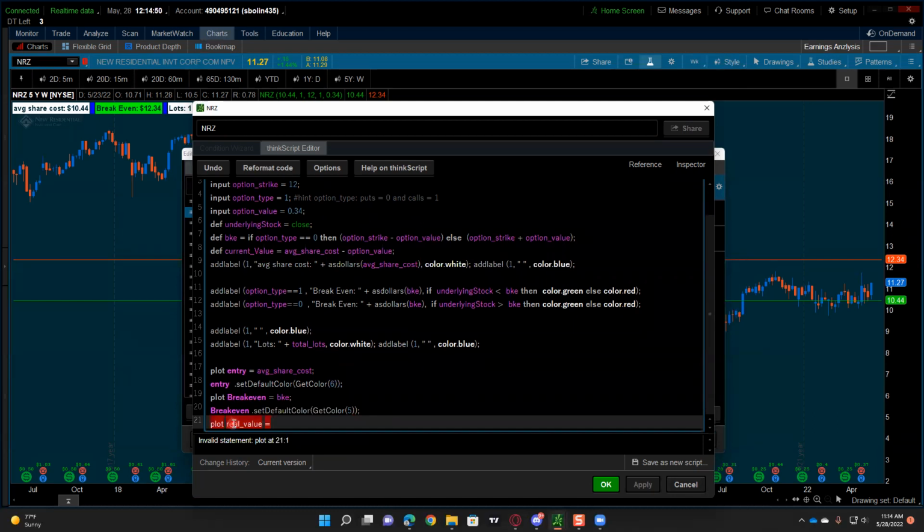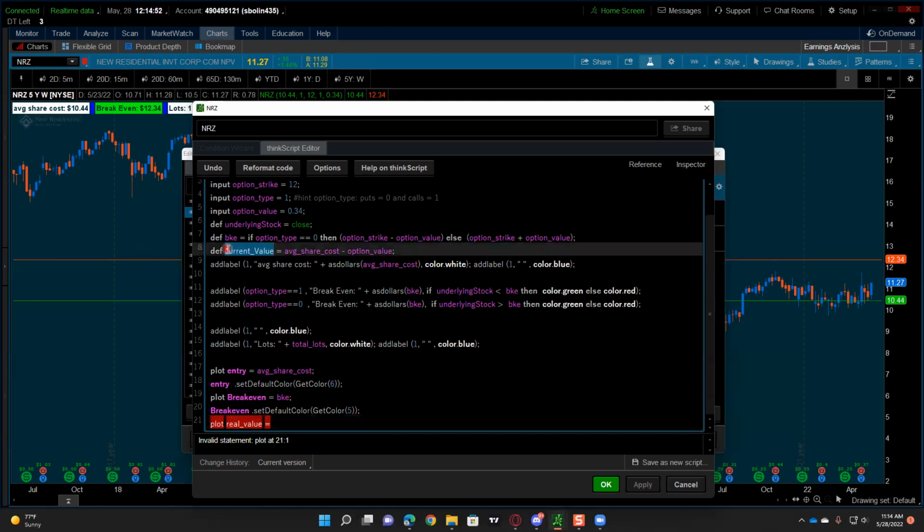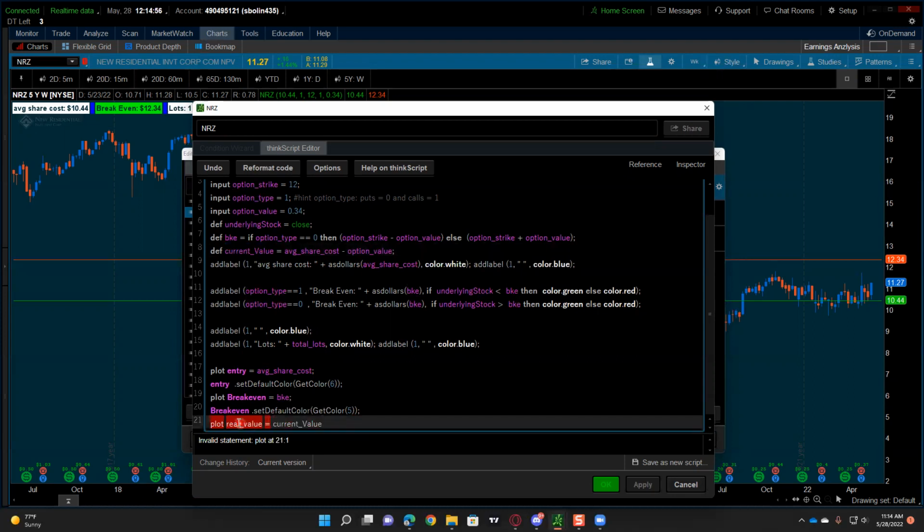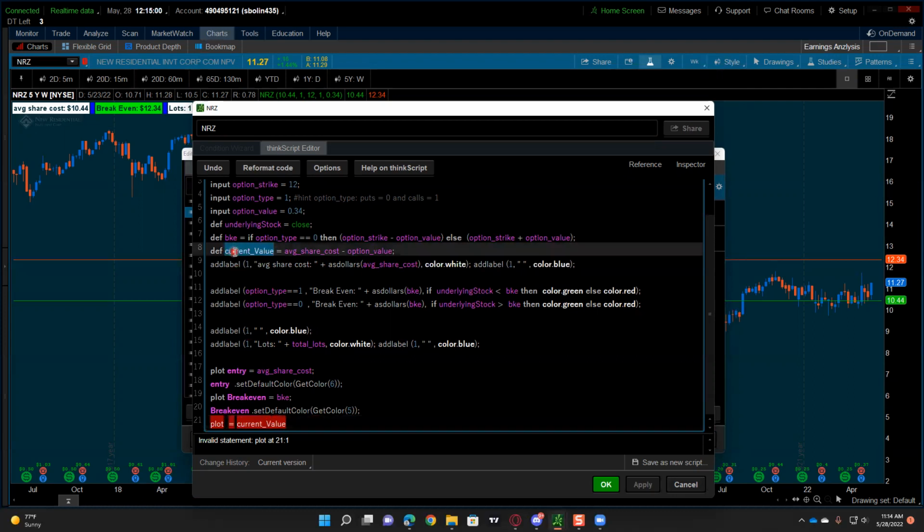Let's change the names here. Let's use current value down here and use real value up there, because in our user dialog box, we'll only see the plotted names.